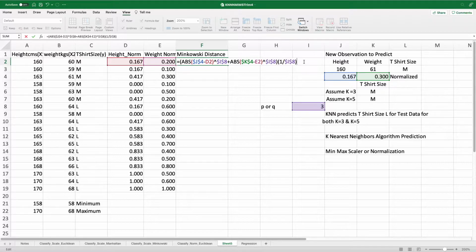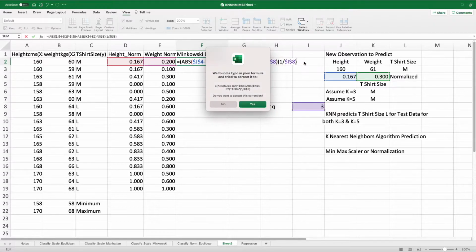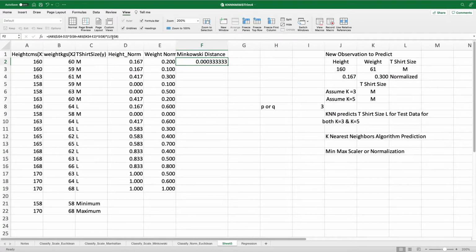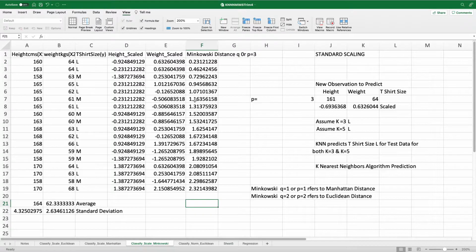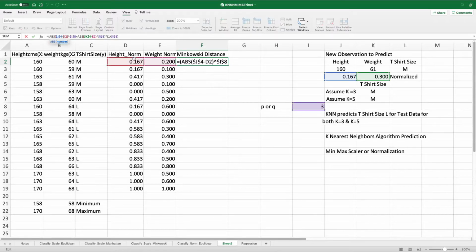Is this correct? Or we have made some mistake somewhere. Absolutes and 2 brackets. Okay. Correction: this has to be 1 bracket here and 1 bracket here. Press enter. Oh, we got the same answer, huh?